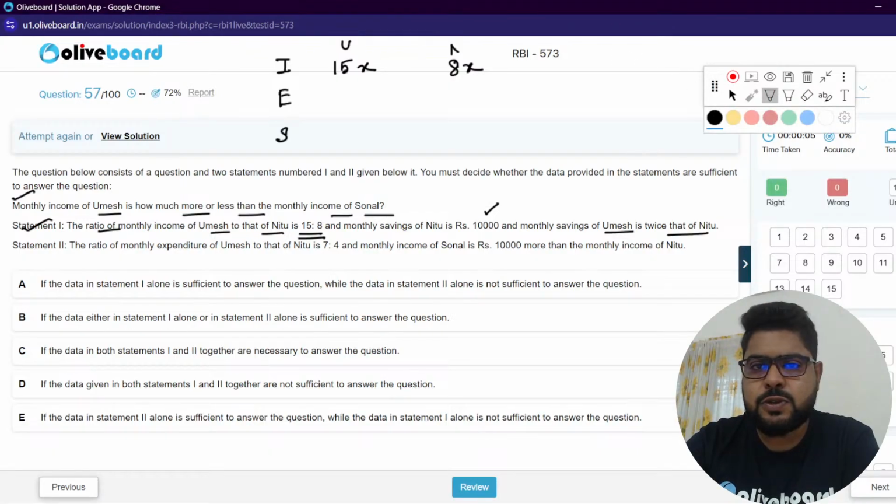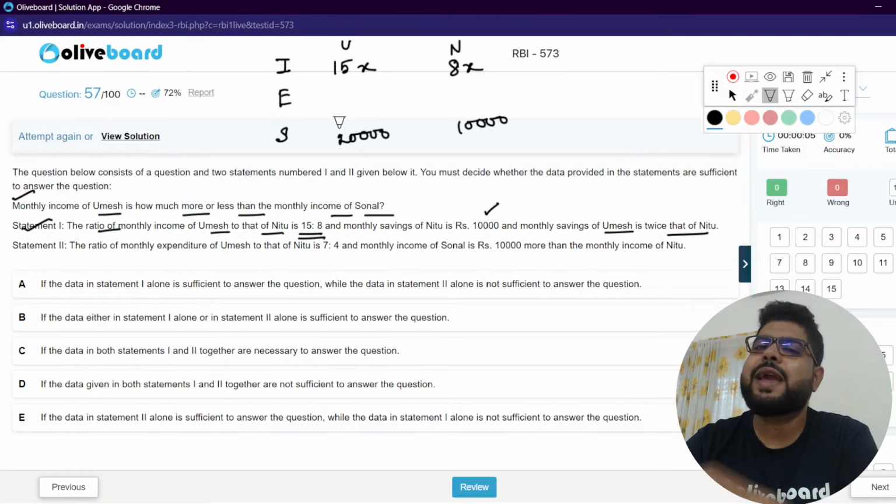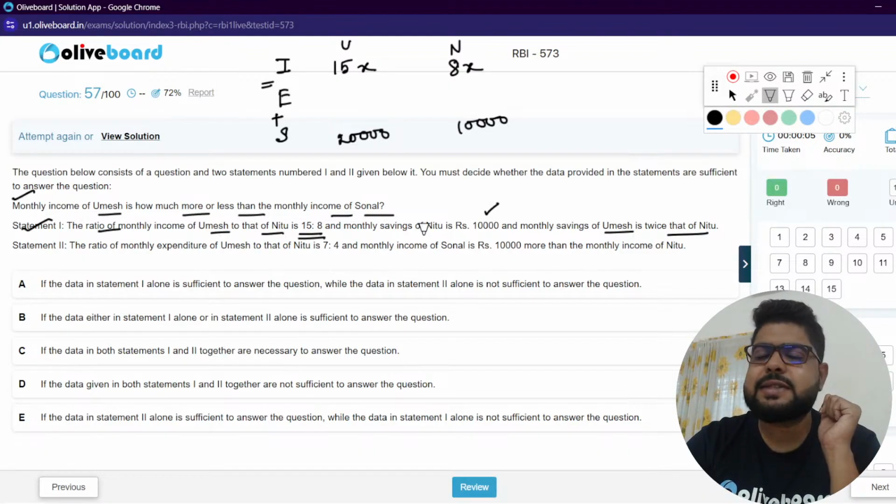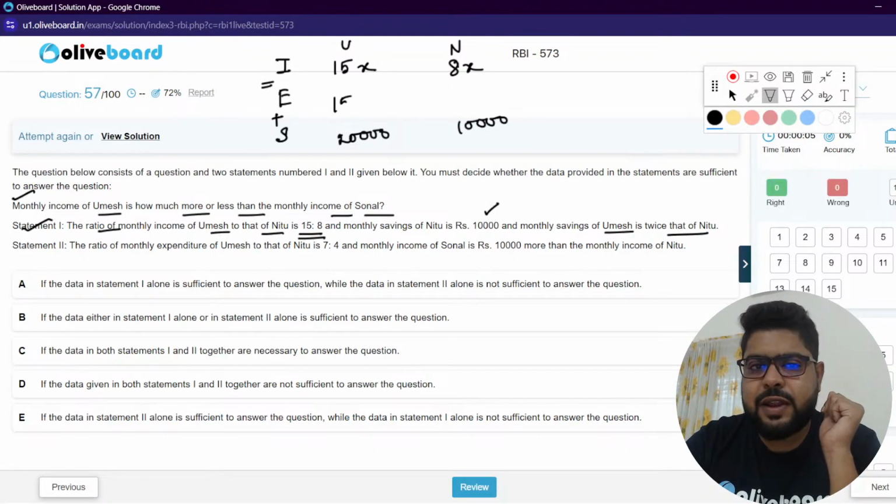It is Neetu, extremely sorry. And this is the monthly savings of Neetu, 10,000, and this is double, that is 20,000. So expenditure will be what? Because income is always expenditure plus savings, it will be 15x minus 20,000.